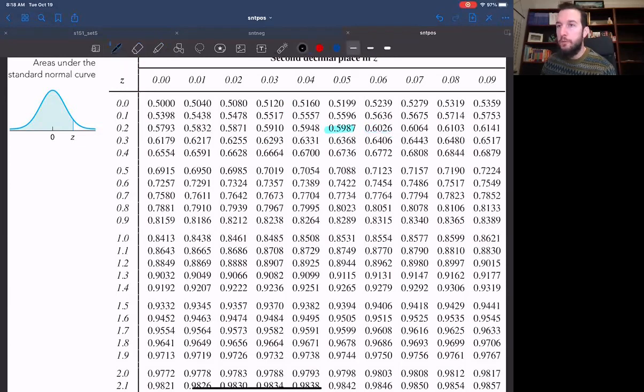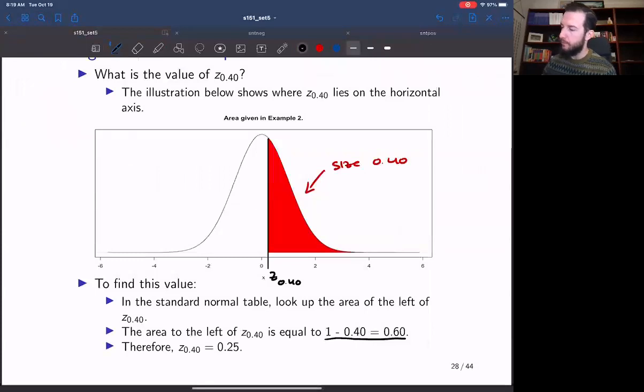So that means that 0.5987 is the closer value. So our z-score is then going to be 0.25. Okay, so in that case, we can write Z subscript 0.4 is equal to 0.25.